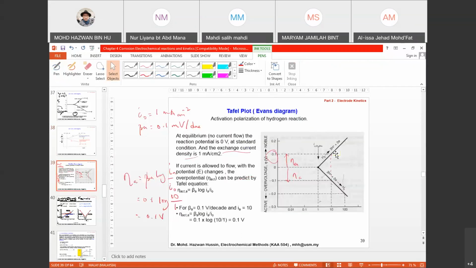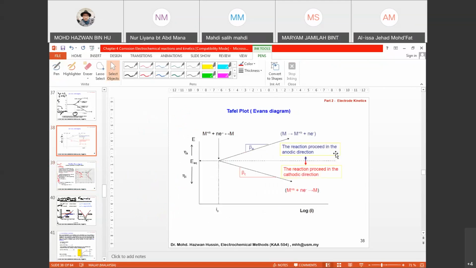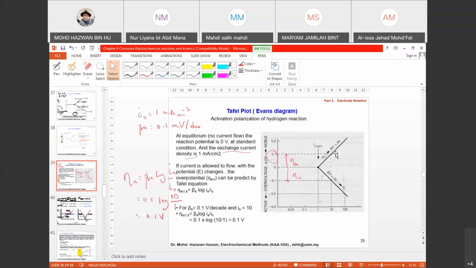Any other question? Doctor, is it possible if we change the beta cathodic to be negative 0.1 volt? Negative, because the plot is negative linear. If you actually calculate, maybe you will get a negative value.